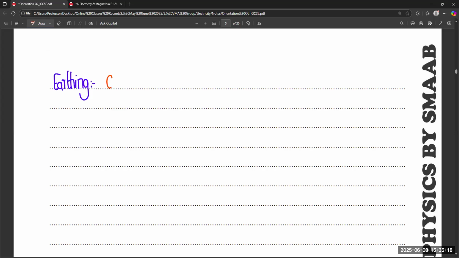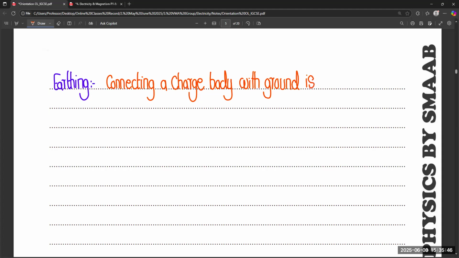Connecting a charged body with ground is called earthing.